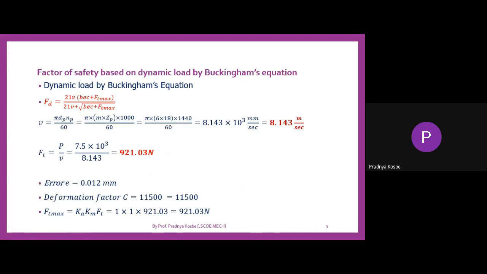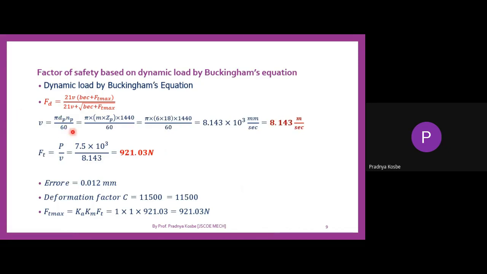I have to calculate velocity first, right? It is pi dp np by 60. dp is m into zp, module into number of teeth on pinion. What is the speed of the pinion? Speed of the pinion is 1440 rpm.